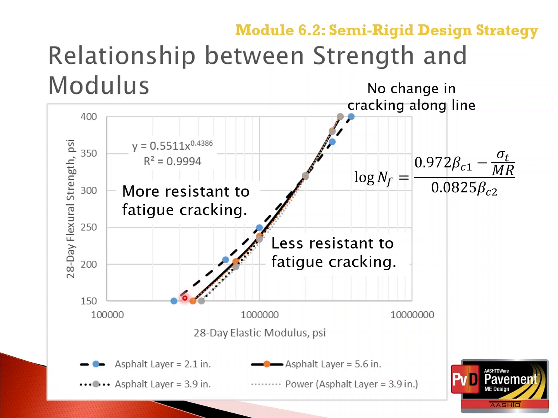So again, the longer dashed line is 2.1 inches. The solid line is 5.6 inches of asphalt. And then the short dashed line is 3.9 inches of asphalt. So they're very close to being the same, all other factors remaining constant.